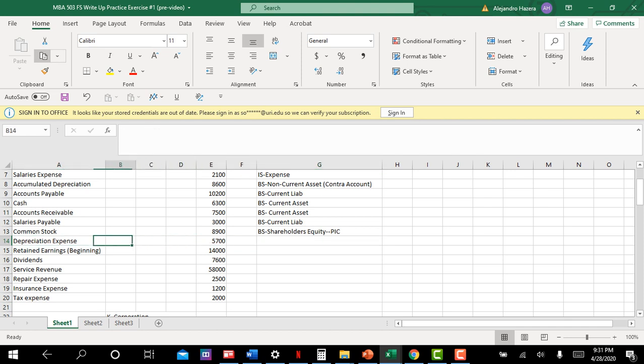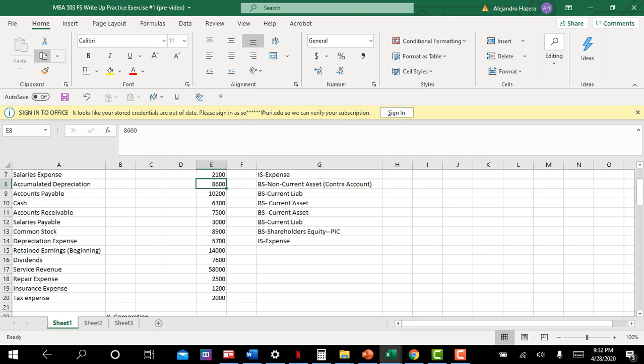Depreciation expense is an expense on the income statement, and that's just depreciation for the current year. Think about this: depreciation expense is depreciation for the current year, whereas accumulated depreciation is the total depreciation recorded on the asset since you bought it.